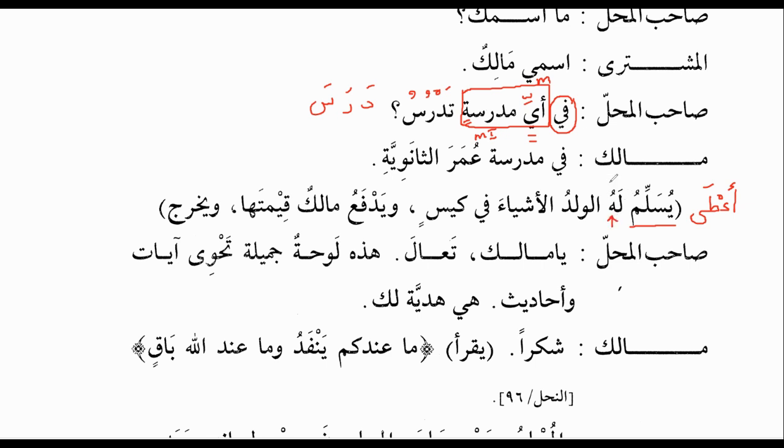This is for the buyer, Malik. Al-waladu, the son of the shopkeeper, gave him all the things. Ashya'a is plural. Fi kisen. Wa yadfa'u Malikun. Yadfa'u, dafa'a. And what do you mean by dafa'a? To pay. So dafa'a or yadfa'u Malikun qimataha, the price of it.